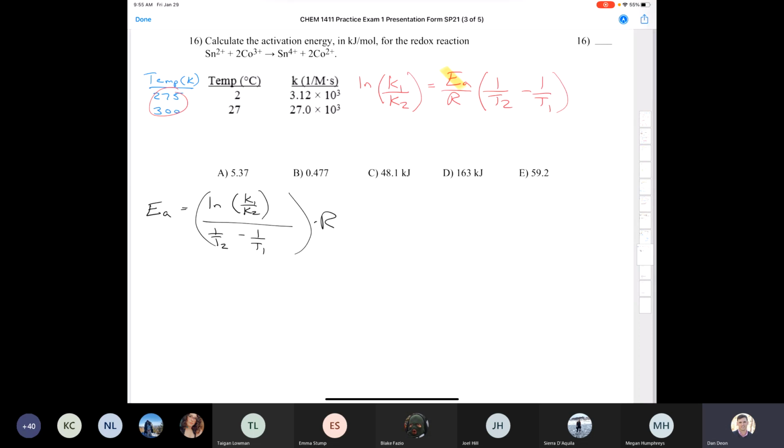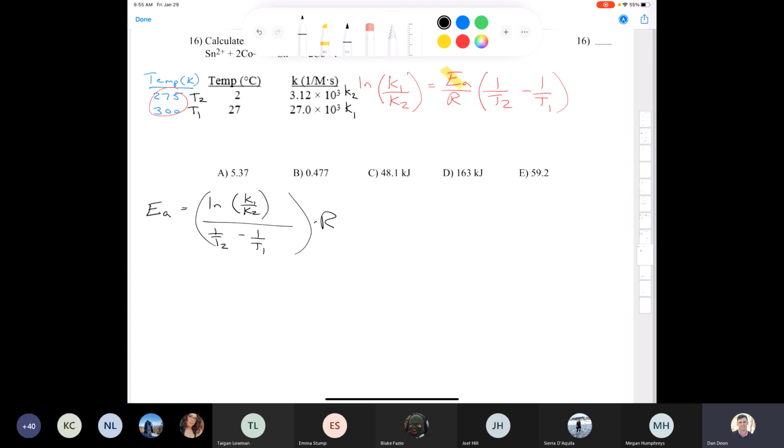I'll call this K1, and I'll call this one K2. So this will be T1, and then this will be T2, like that. All right, and then we're just going to plug our numbers in.